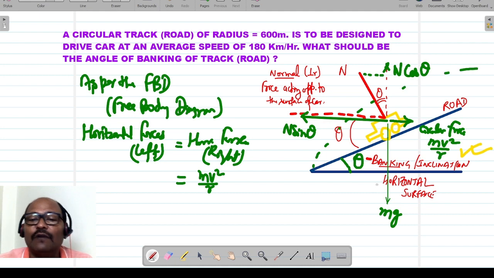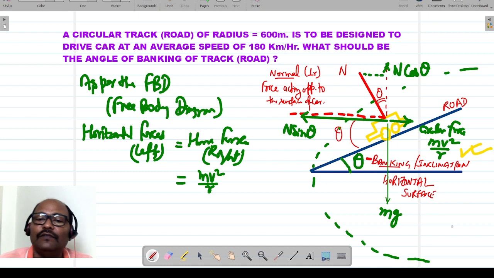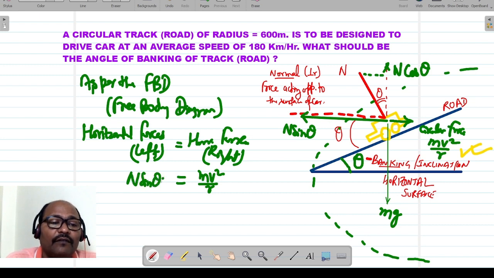This banking is all across the circular track; we have just considered a section of it. So the horizontal force is mv square by r, and the force acting in the left is N sin theta.